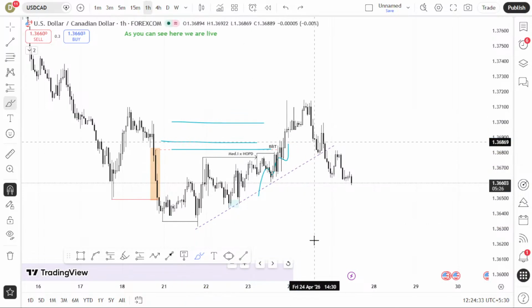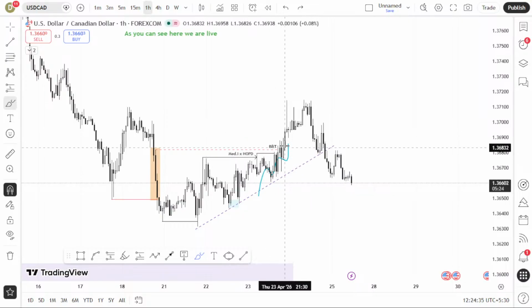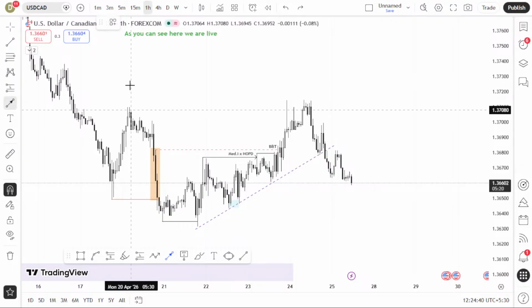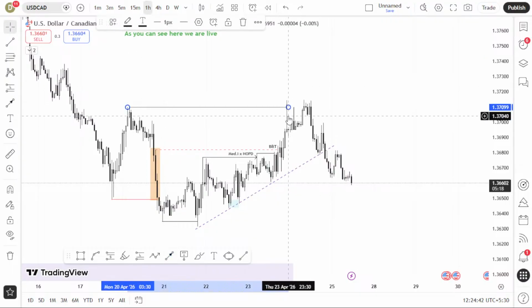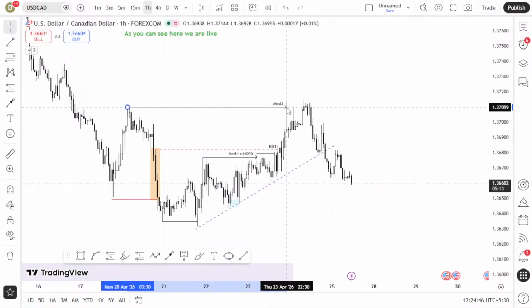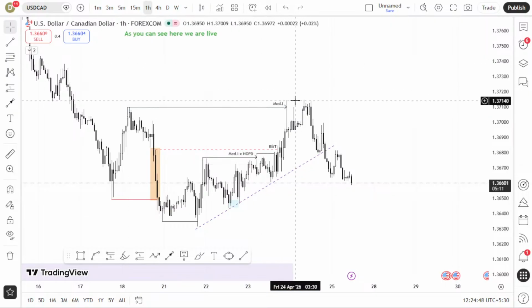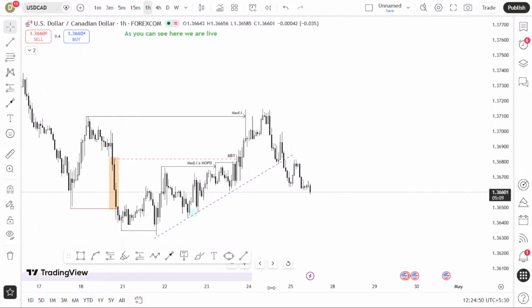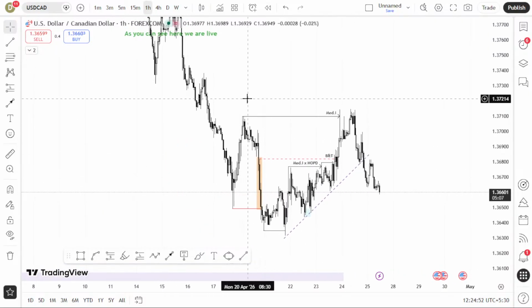But clearly, that has not happened. Price has induced this zone, which is a strong 15-minute liquidity, a medium inducement, and then price started moving to the downside.